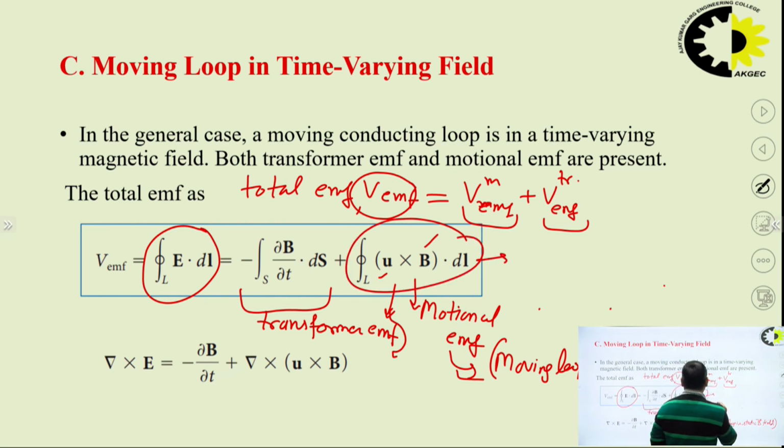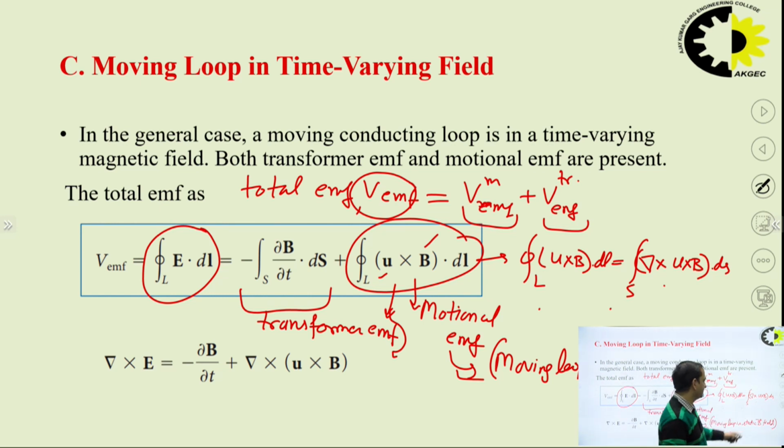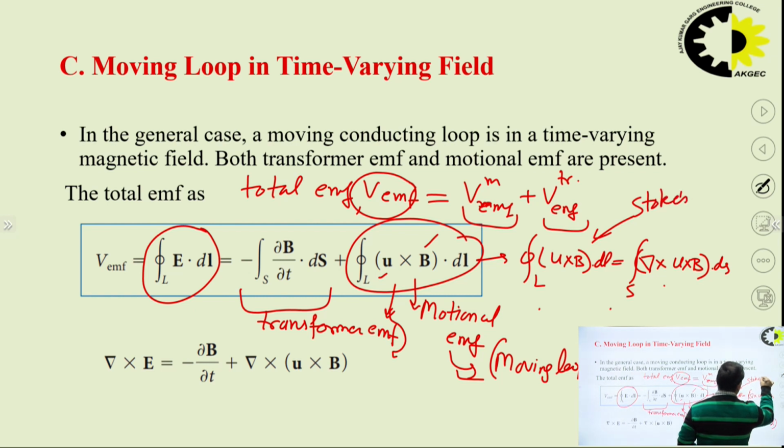So for this case, the closed path integral of u cross B dot dl is equal to, with the open surface, del cross u cross B dot ds. So this closed path equals the open surface, and this is your Stokes theorem. So we are applying the Stokes theorem in this case.